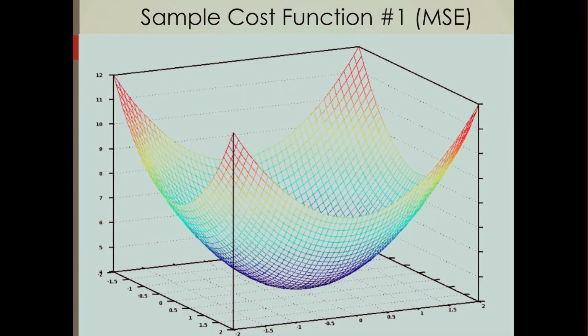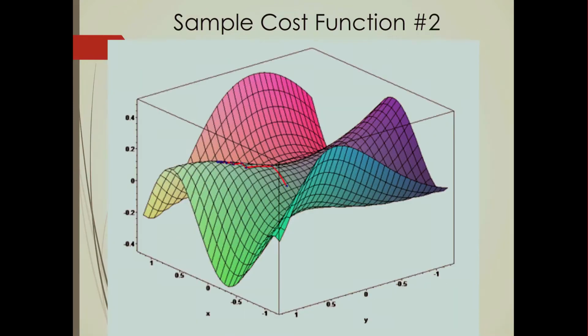Going back to cost functions, here we already saw this. Here's another one. This one's a bit problematic. Why? Because there's that point there where one way it's a minimum and the other way it's a maximum. And there are techniques for getting away from that point to try to get to the minimum. And sometimes it's just, well, I'm not at the absolute minimum, I'm at a relative minimum, but it's good enough. That's another compromise. It depends on the problem you're working with.